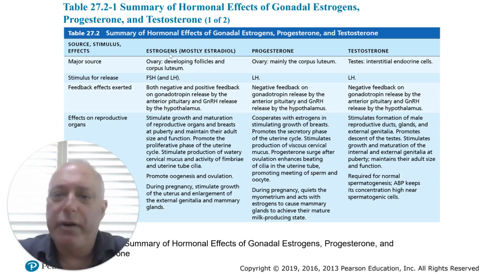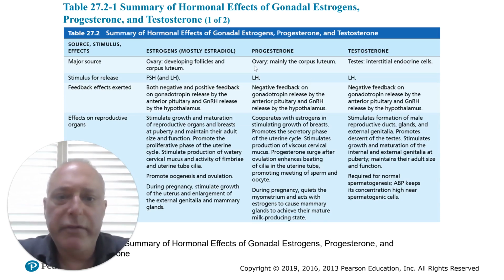The stimulus for estrogen's release is the high follicle stimulating hormone and luteinizing hormone. They both negatively feedback on gonadotropin releasing hormone, so it's a negative feedback mechanism. The estrogens are the secondary sexual characteristics of the female and stimulate genesis and ovulation.